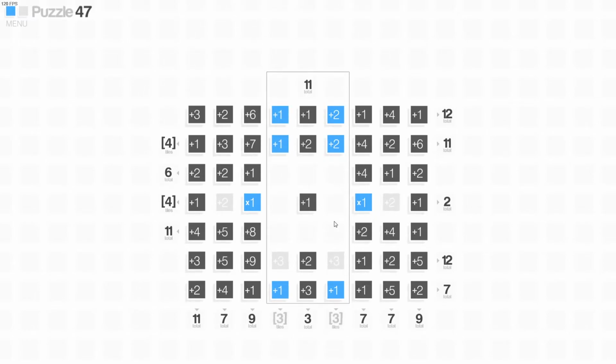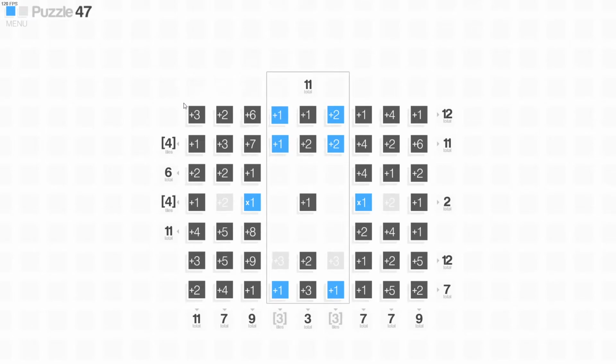Now, this middle one can either be this 3 or 2 of those, but we don't know which yet. So maybe let's take a look at this top row. We've already got 3.